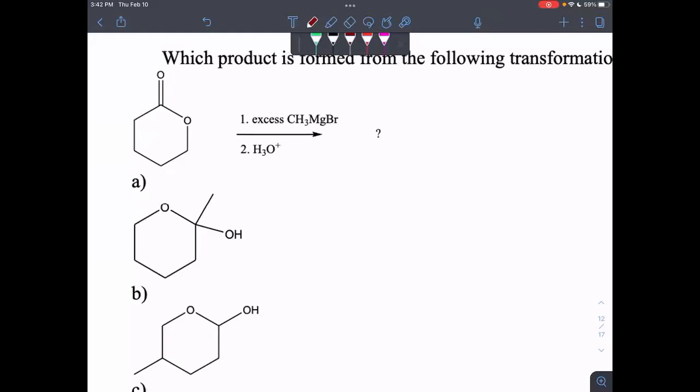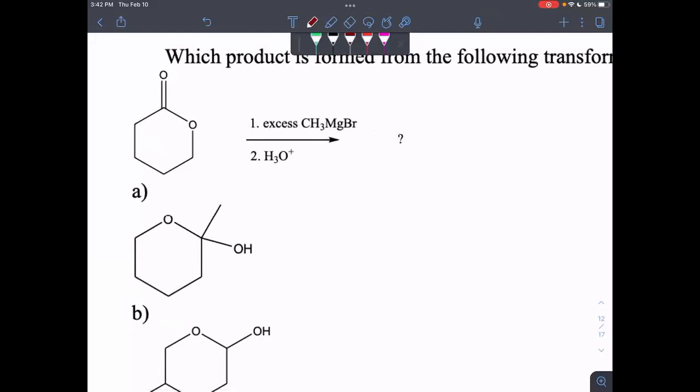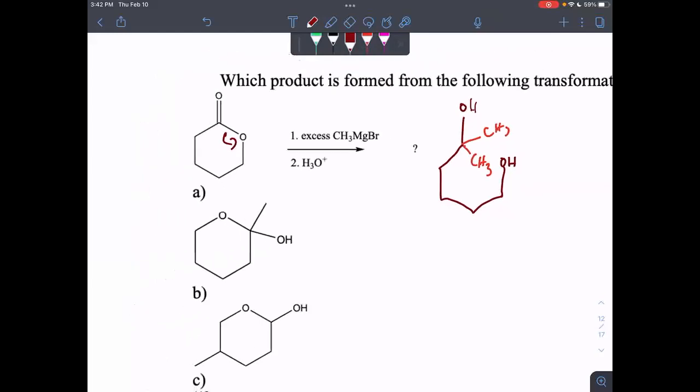If you have a cyclic ester, you add it twice, and then the leaving group is gonna leave, but it's not gonna completely leave the molecule since it's cyclic. So it just kind of unfolds. We added it twice to the carbonyl. Remember, this alcohol is the one that left as a leaving group, and then you have two additions here of the Grignard. Then it gets protonated, and that's your product.